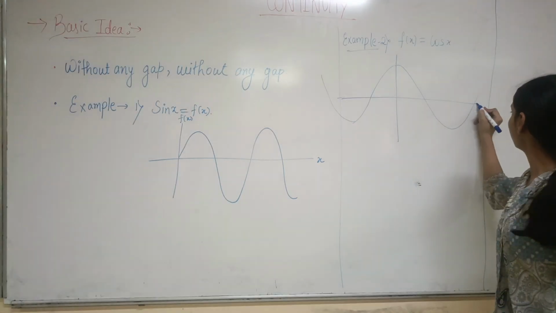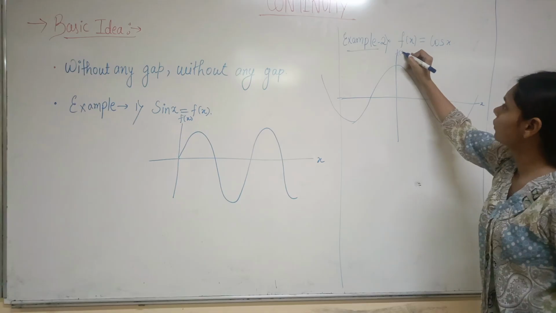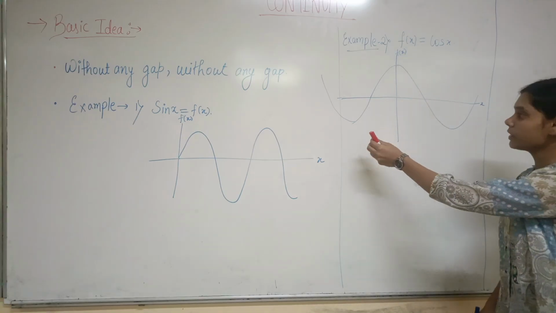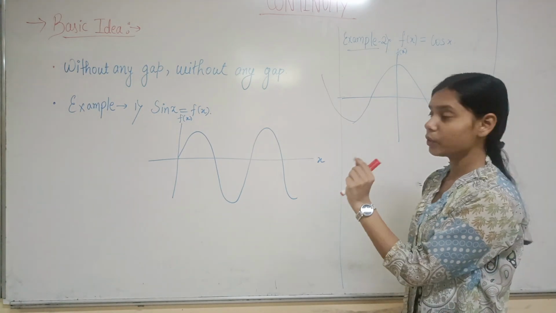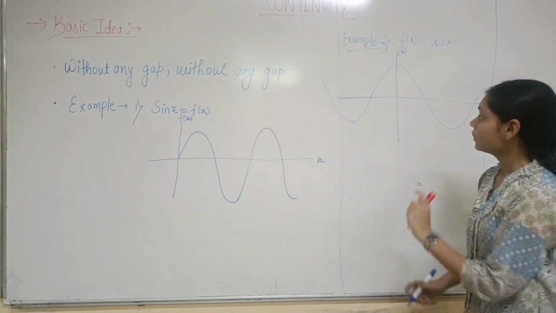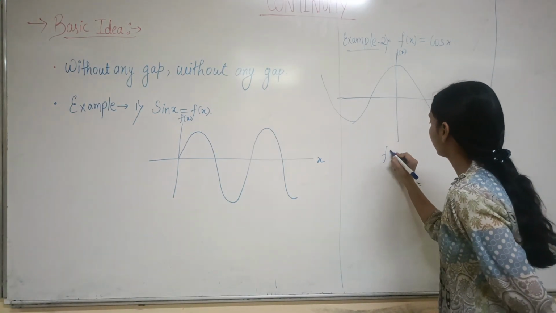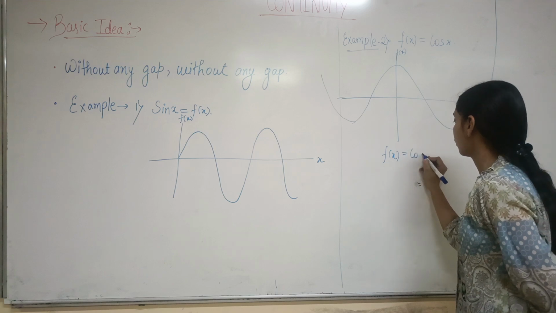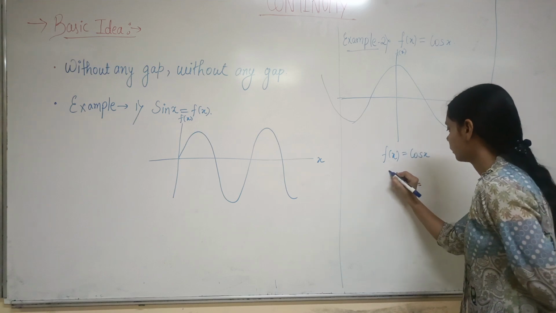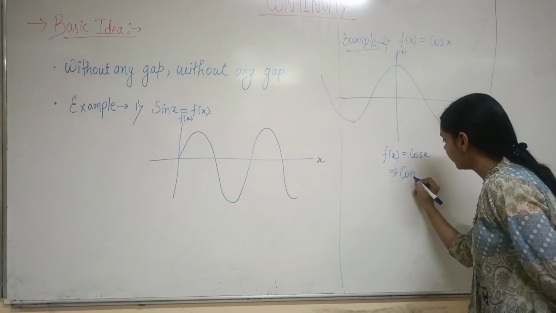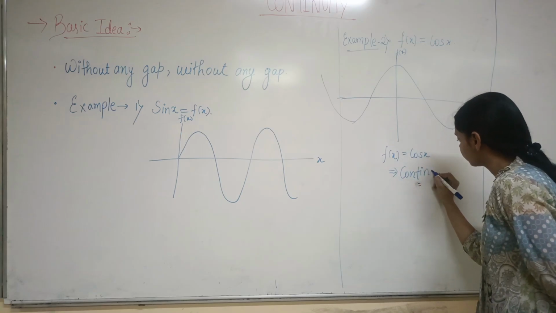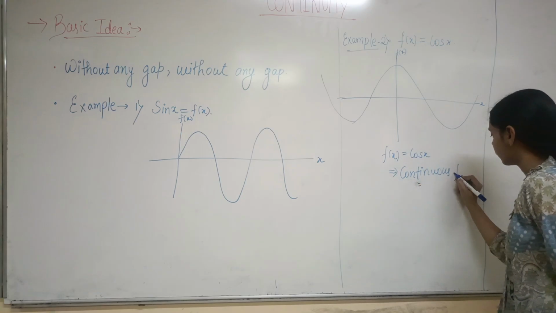Right? Now you all can observe here, the graph of cos x also has no gap or break, right? So this function f(x) = cos x is also a continuous function.